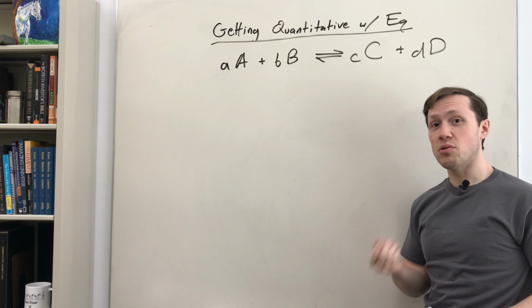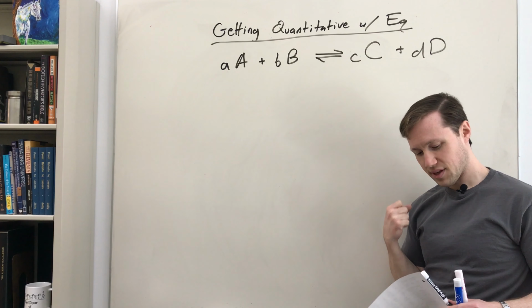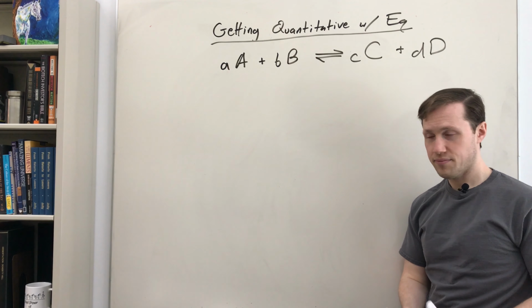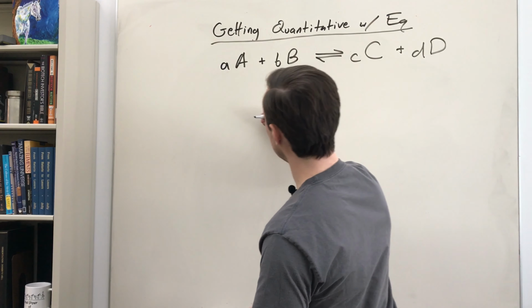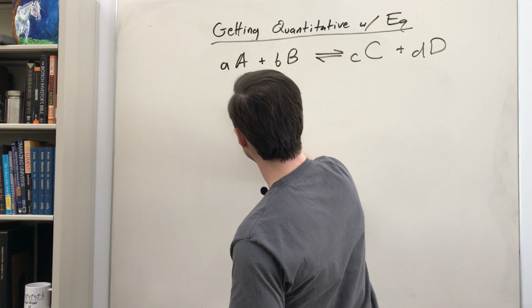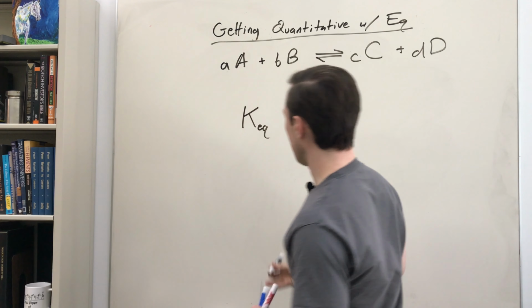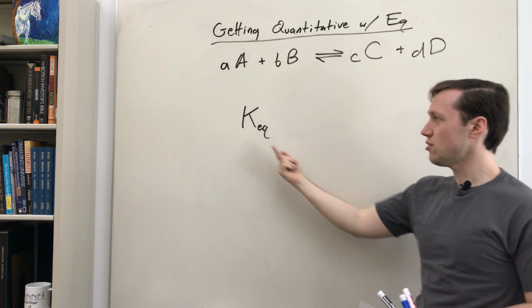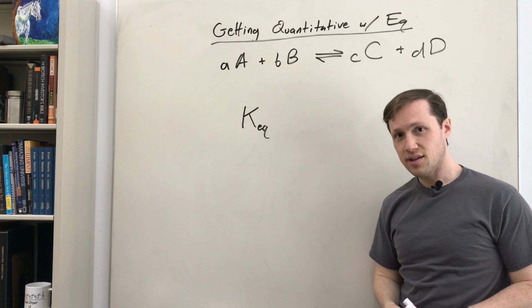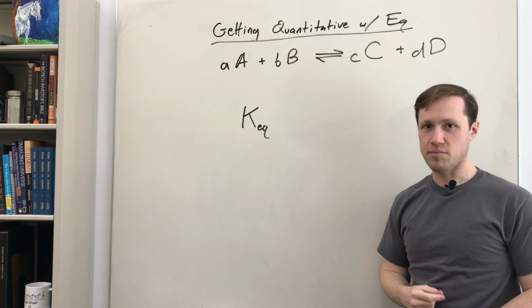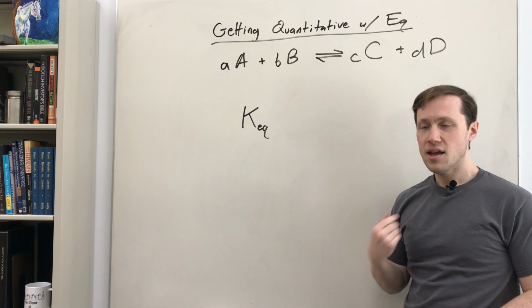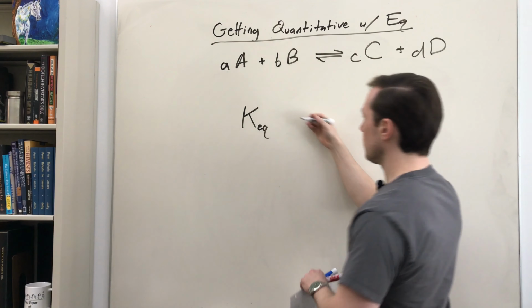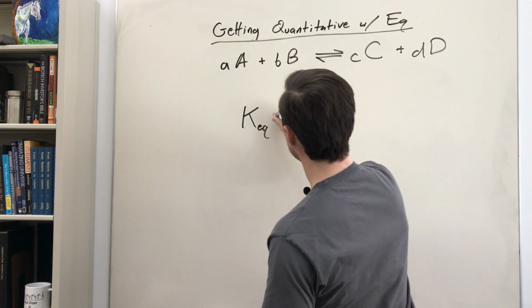The tool that we're going to use to be quantitative about equilibrium is called the equilibrium constant expression. The equilibrium constant is typically described with a capital K, and we put a little EQ subscript underneath it to show that it's an equilibrium constant. And that equilibrium constant is related to this reaction in the following way.